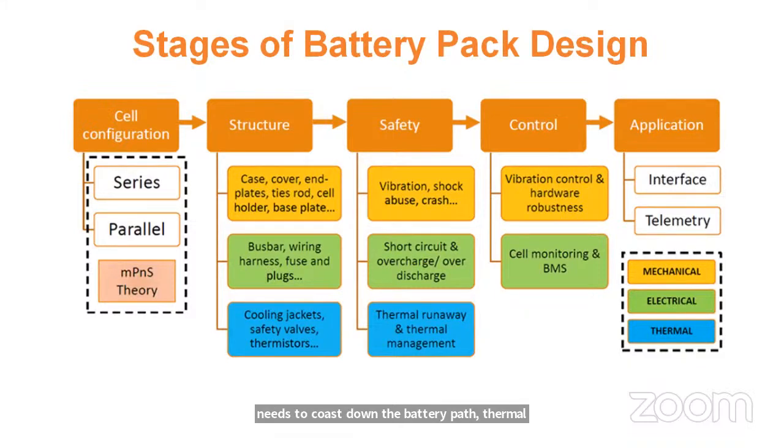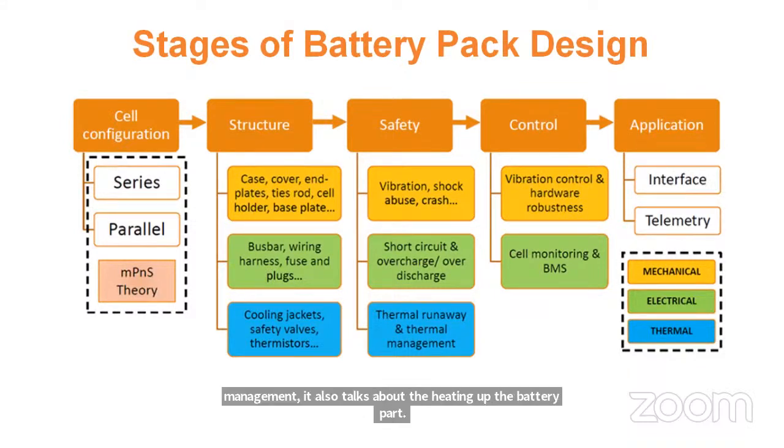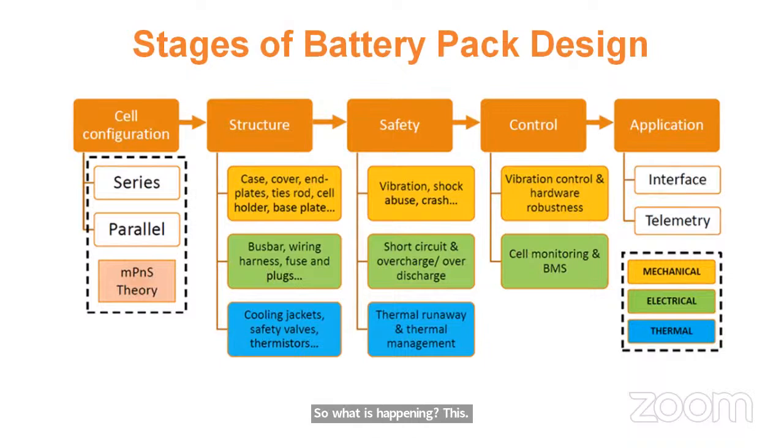So what is happening? These cells, the battery pack, their optimum working temperature is 15 degrees to 35 degrees. Okay, so if it goes beyond that, then cooling is required. If it goes lesser than 15 degrees, then heating is required. So both heating and cooling are required depending upon the situation, the application, the topology where you are.